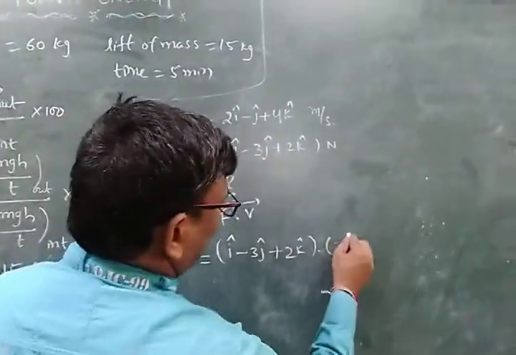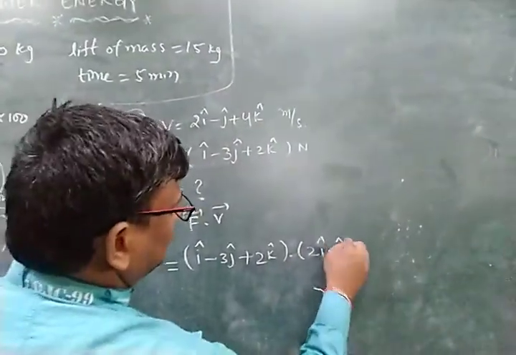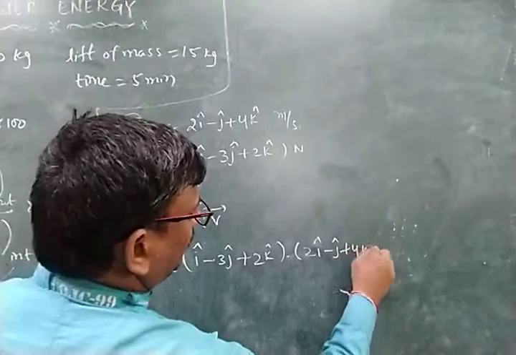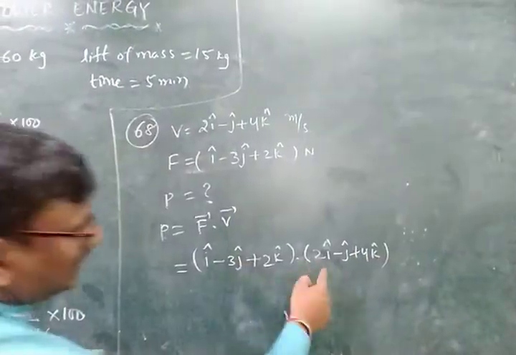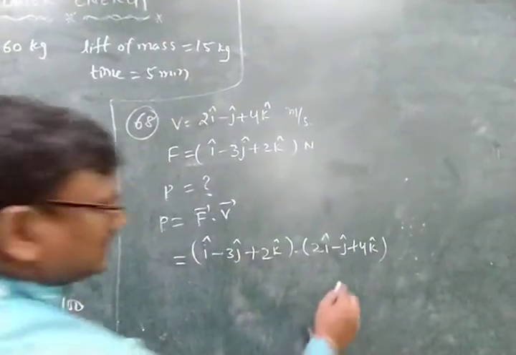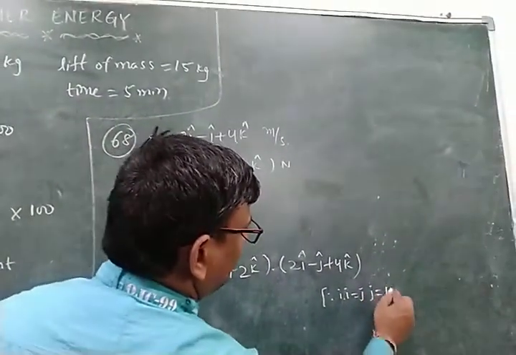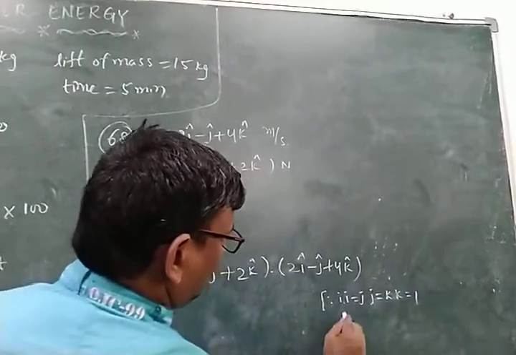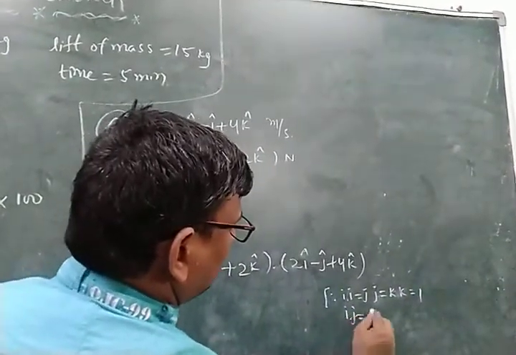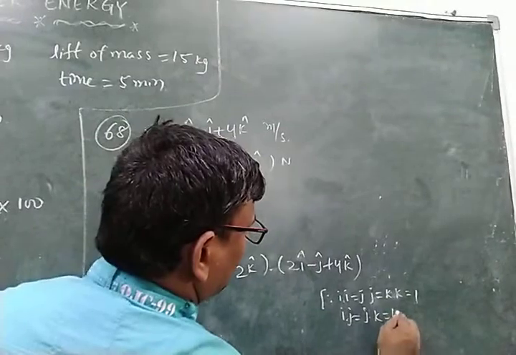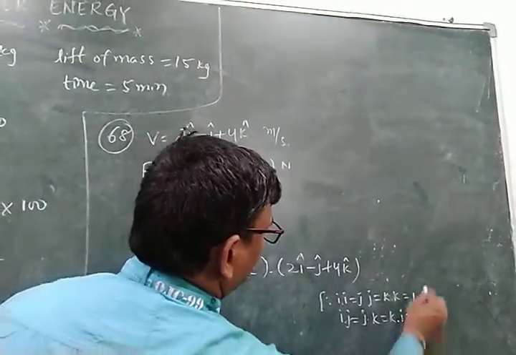Velocity how much is there here? 2i cap minus j cap plus 4k cap. Now again here the dot product. In the dot product, what is there here? i dot i is equal to j dot j is equal to k dot k is equal to 1. Remaining i dot j is equal to j dot k is equal to k dot i is equal to 0.